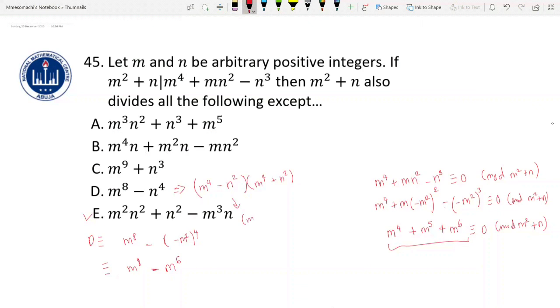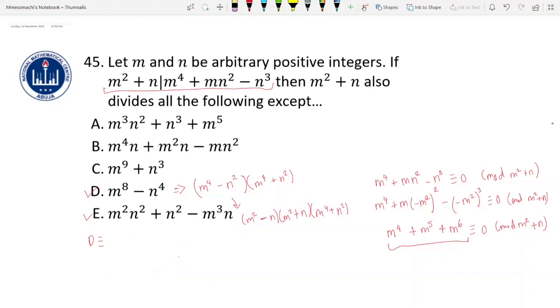So this is m squared minus n, m squared plus n, and m to the fourth power plus n squared. And we see that this always divides irrespective of the condition. So this is a very wonderful case. Irrespective of this division condition here, m squared plus n always divides D. Okay, so we can just skip this and go to the next.